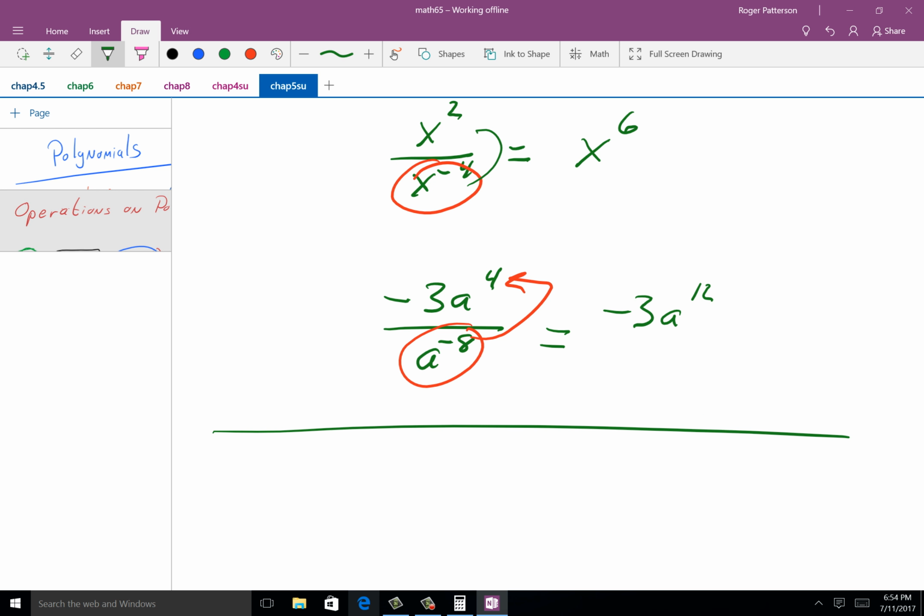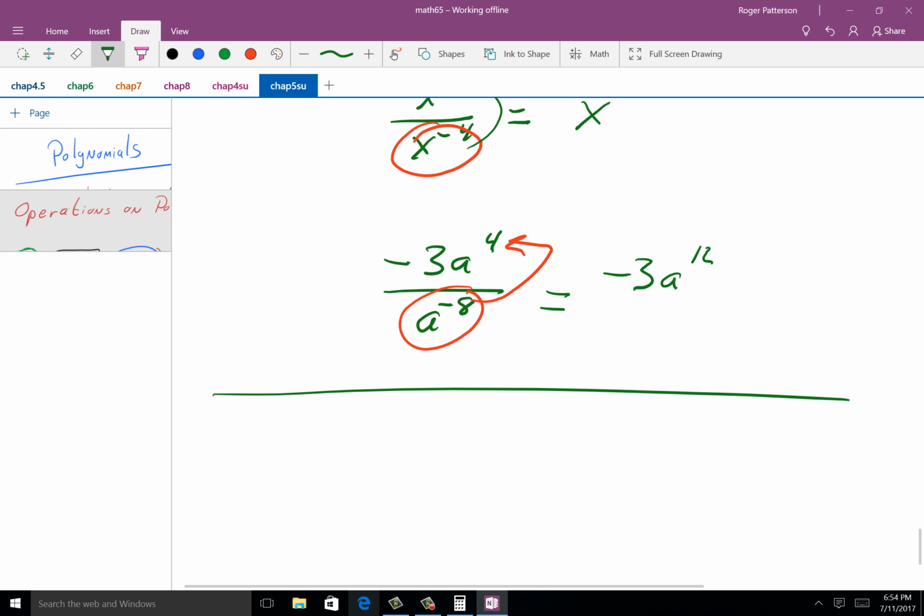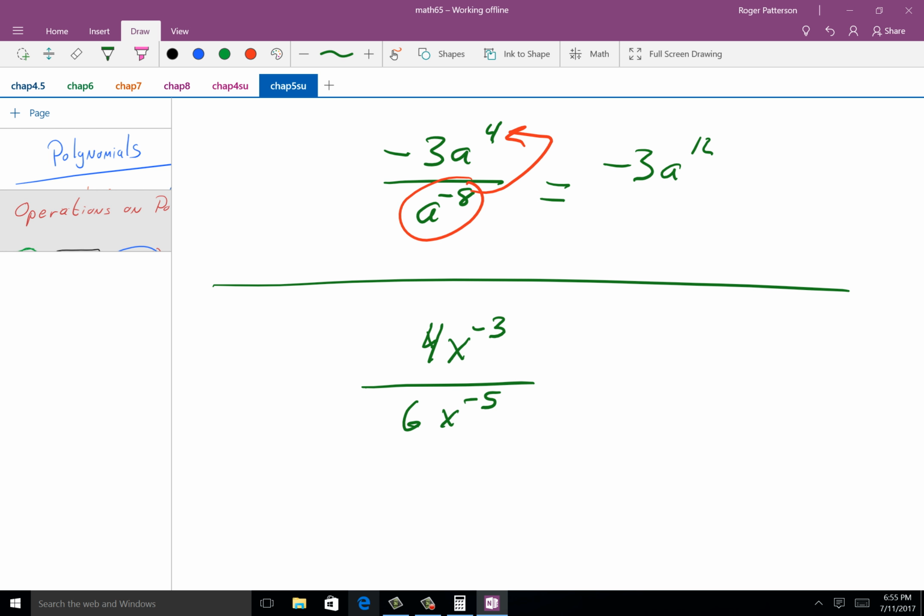Then they're going to have some that look like this. 4x to the negative 3rd over 6x to the negative 5. Okay? So, first we're going to reduce 4 into 6. There's a couple ways to do this.